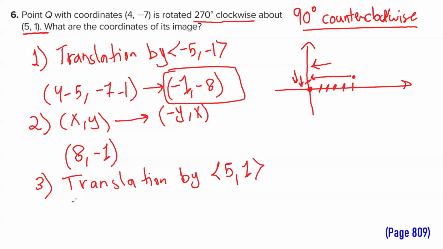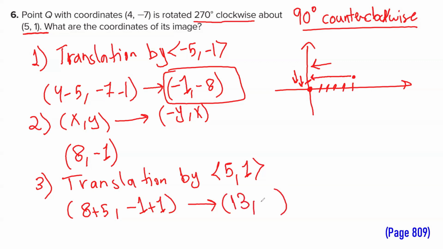So 8 + 5, -1 + 1. The final image that I will get is 13 and 0. So Q prime is going to be 13 and 0. And that is the last solution.